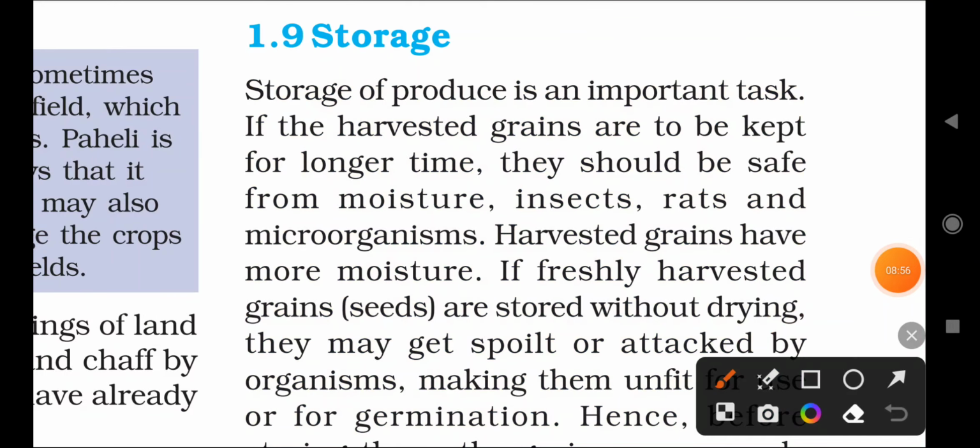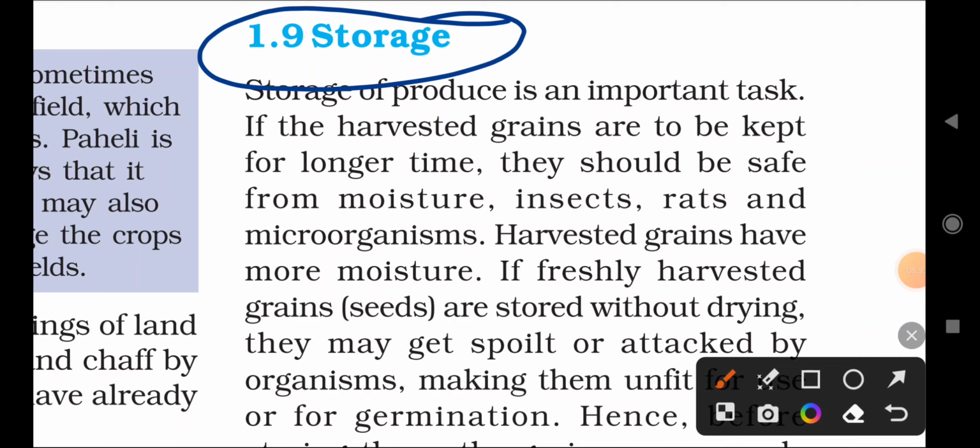Okay, the next topic comes after harvesting. The next important thing is to store the harvested crop in a particular place in a protected manner. Why should we protect it? So that it should not be damaged and should not be eaten by animals. If they are eaten or damaged, the price of the crop will be reduced drastically.